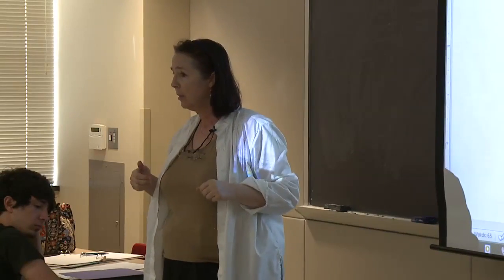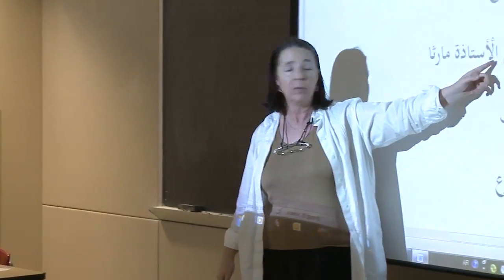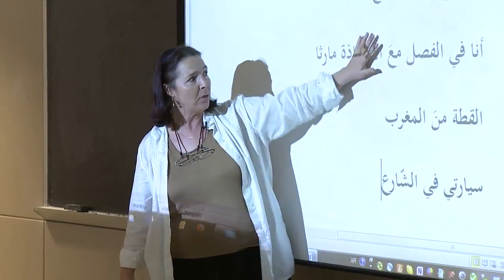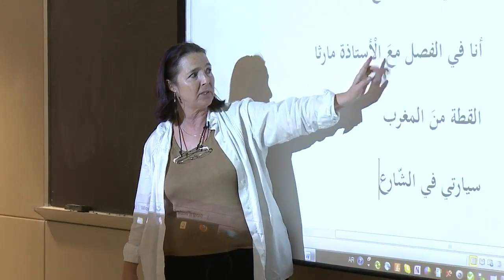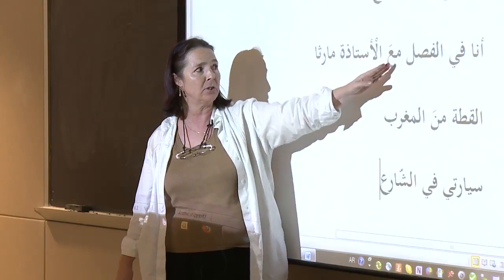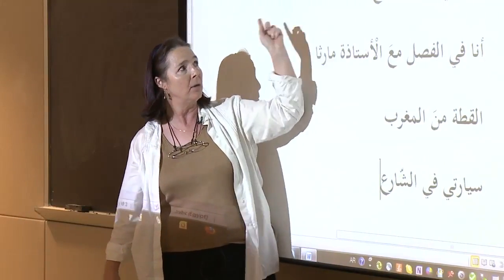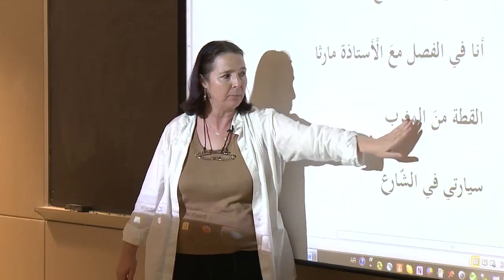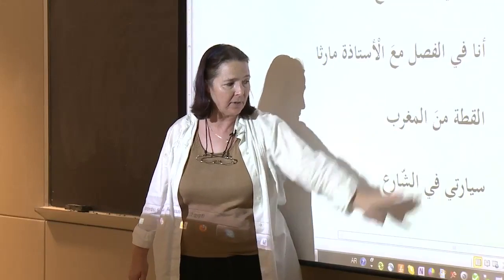Al-ustadh fil fasl, for instance. And it will never be written. When the word is attached to a preposition, you don't hear anything at all. Just ma'al ustaz, min al maghrib, right? So it's just as if this wasn't even there.